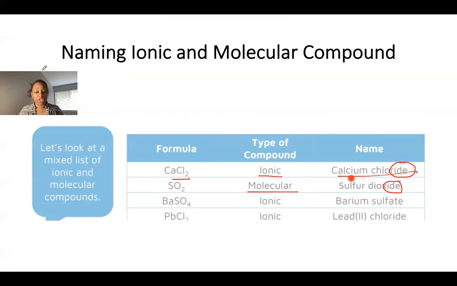Then barium sulfate, which is ionic. And then lead chloride, where, as we said earlier, if the element is a transition metal, you also have to add the Roman numerals. Okay, makes sense.